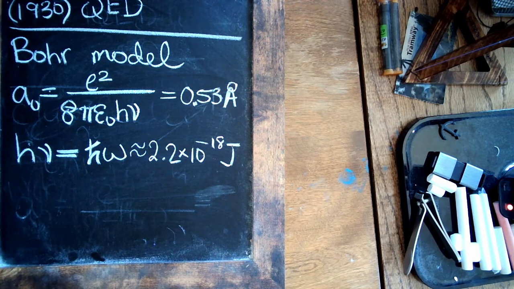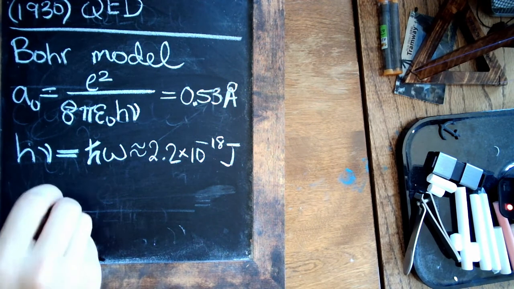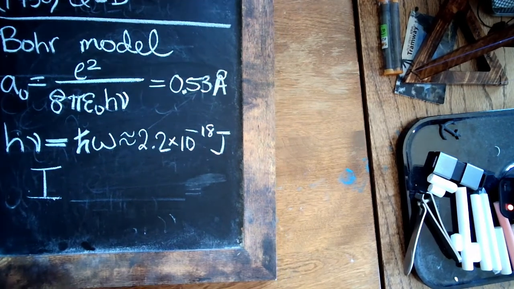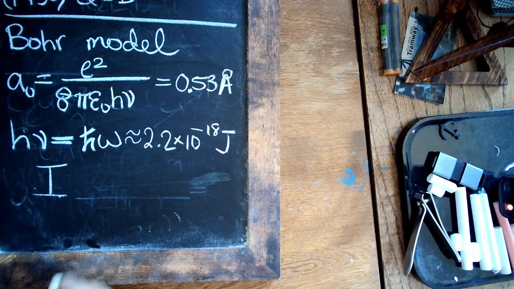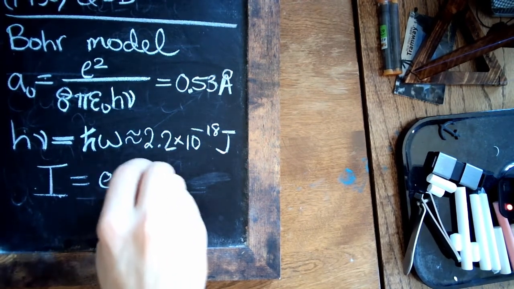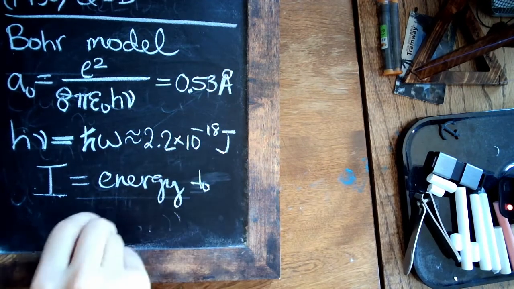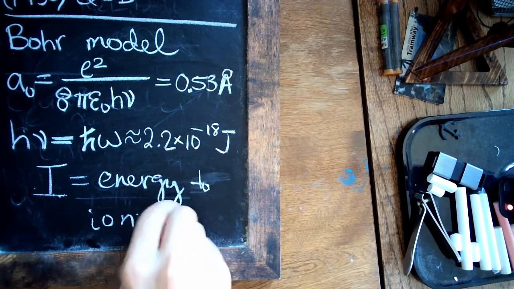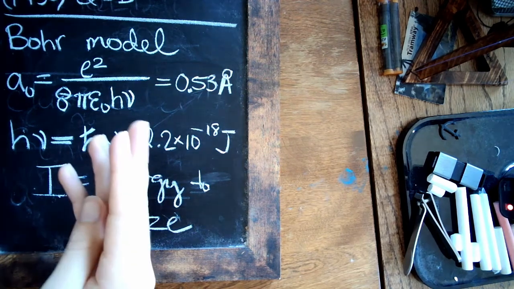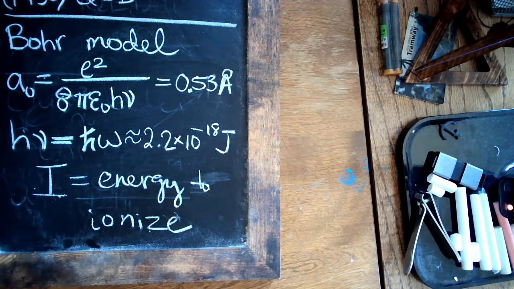It's quantized in nature, and we call this the I, or the first ionization potential. This would be the energy needed to ionize the atom. If you think of this as the energy with which the electron is bound, if you provide this much energy to the system with a photon, for example, it could drive off the electron. So that's one of the key properties of these atoms.